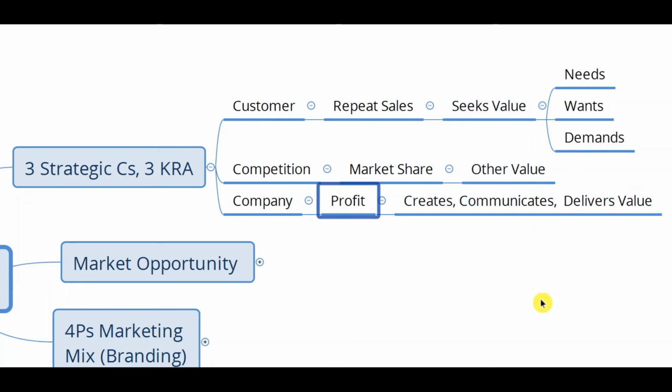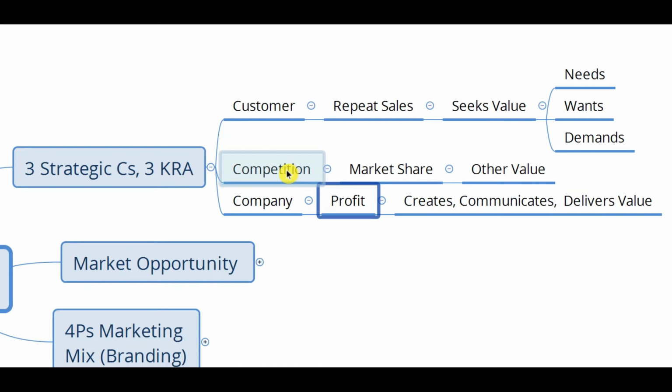And if we remember this, this also contains the definition of marketing. What's the operational definition of marketing? It's the process of profitably satisfying customers' needs, wants, and demands by creating, communicating, and delivering value better than competition.